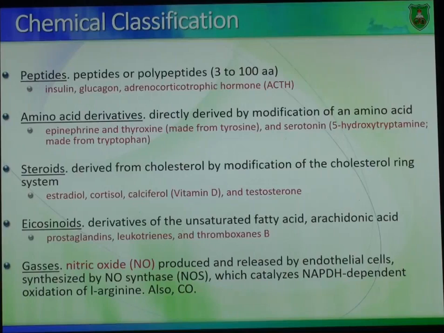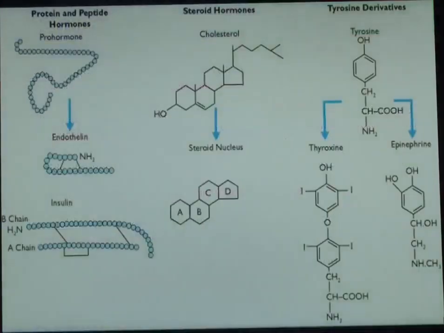We have steroids, which are derived from cholesterol, and they're modified, and we'll talk about that in the next lecture. We have eicosanoids, and these are derivatives of the unsaturated fatty acid, arachidonic acid. We talked about that in biochemistry. And we have gases as well, an example is nitric oxide. So this is the chemical classification.